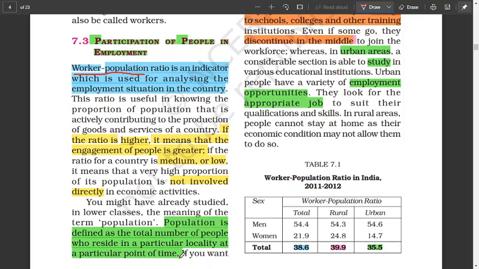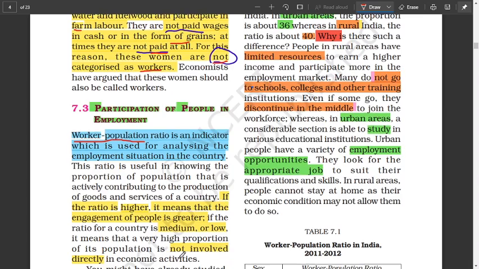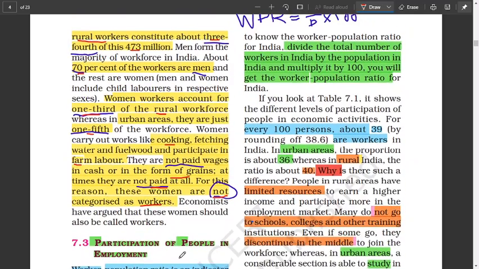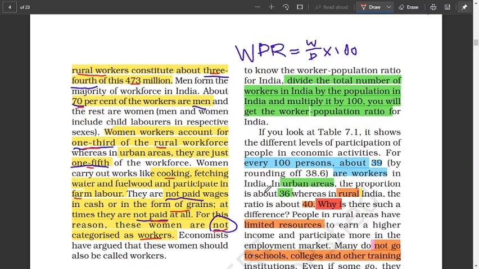This is what we have just learned about the worker population ratio. Workers divided by population, times 100, is the worker population ratio. Divide the total number of workers in India by population, multiply by 100, and you get the worker population ratio. It indicates how many people are engaged in economic activity.